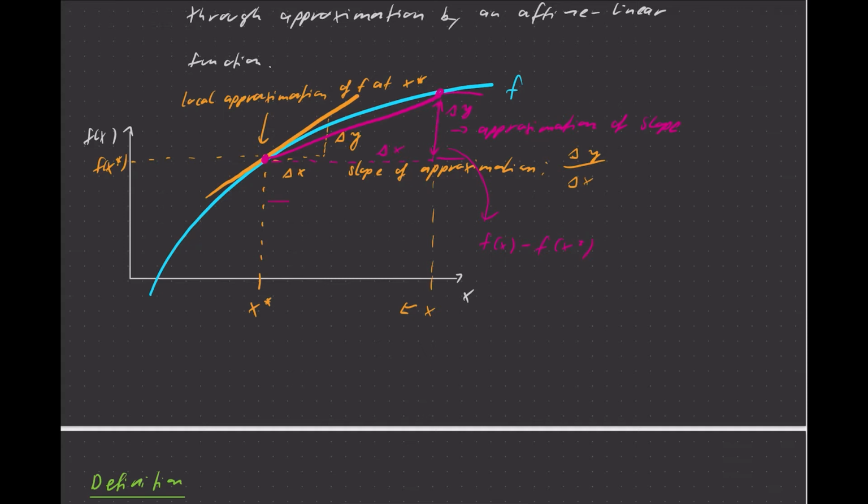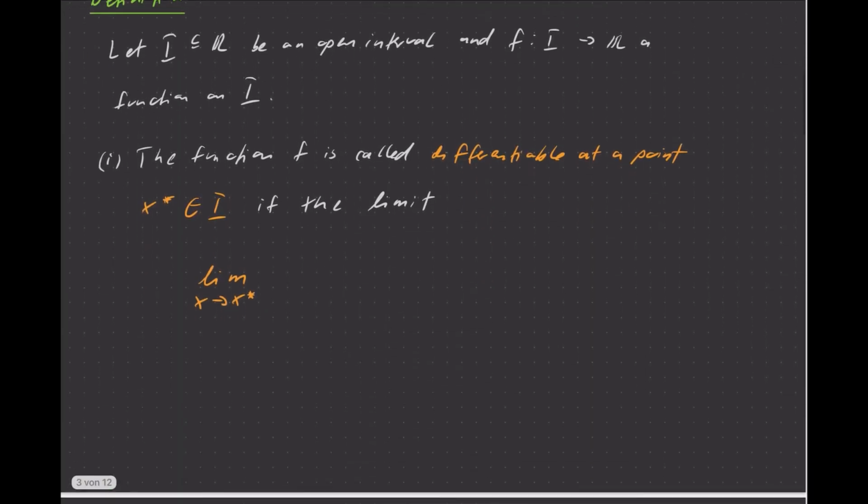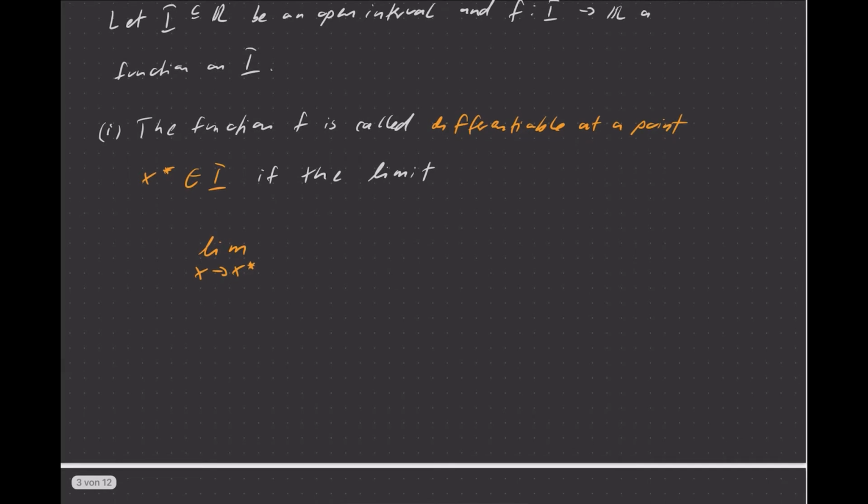And of course, this difference here, that's easy, that is x minus x star. And this is how we will compute the slope of that red function. So we compute f of x minus f of x star and divide that by x minus x star. And then again, we move the point x closer and closer to x star to approximate the slope of the orange function. So we call the function f differentiable at x star if this limit actually exists.